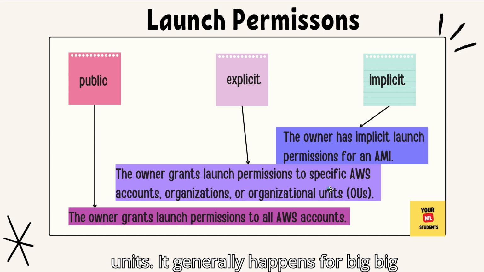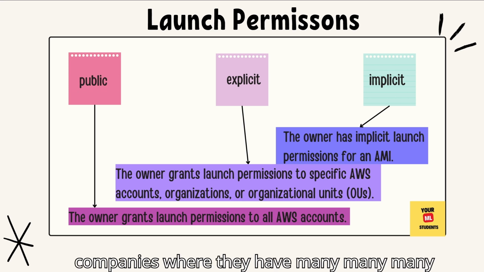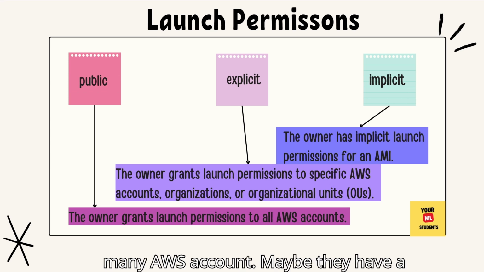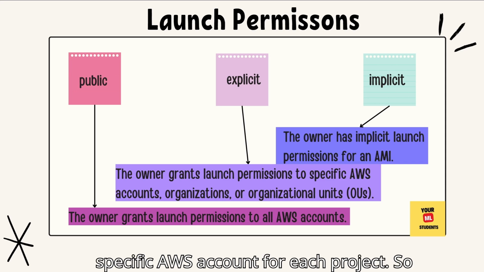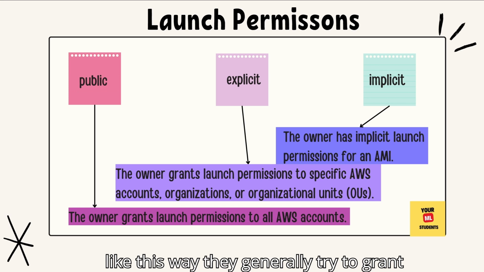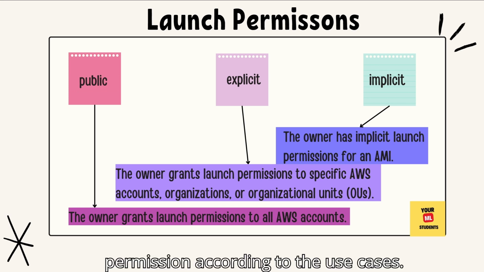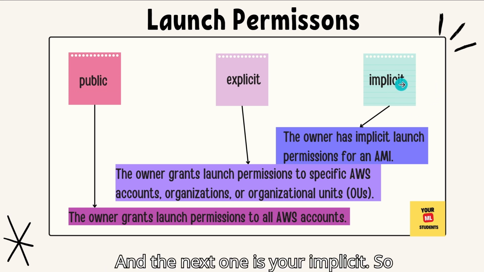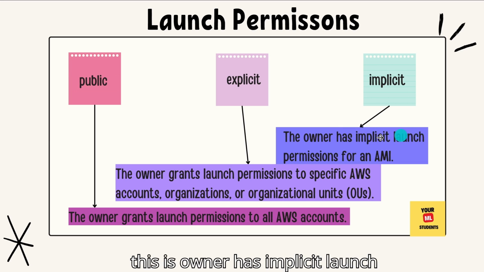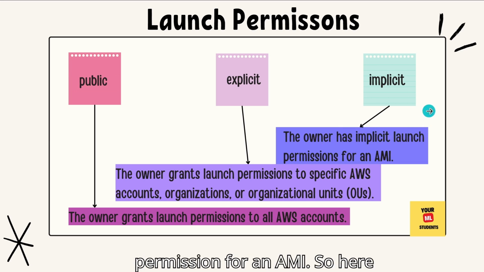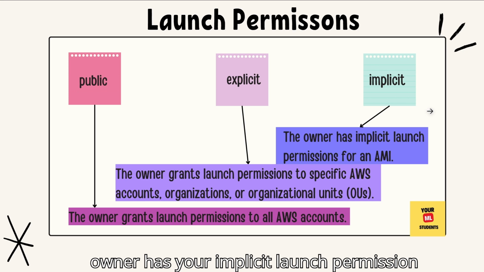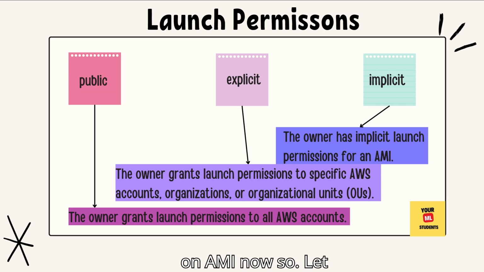It generally happens for big companies where they have many AWS accounts, maybe a specific AWS account for each project. In this way they grant permission according to the use cases. And the next one is implicit. So here the owner has implicit launch permission on the AMI.